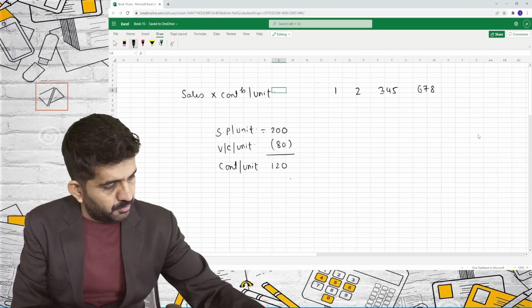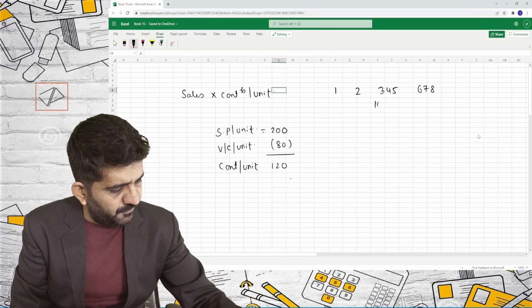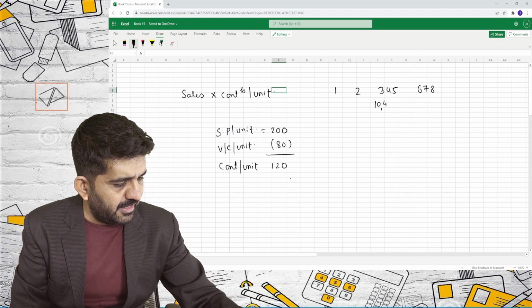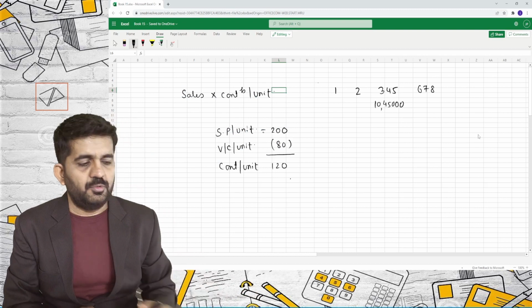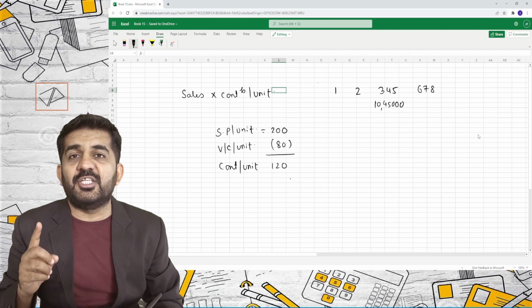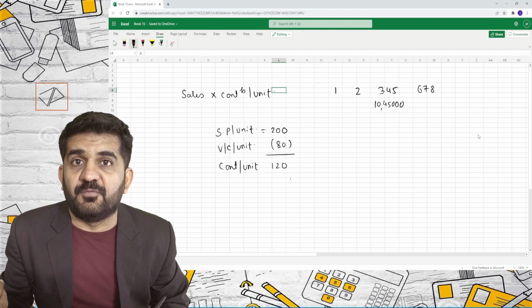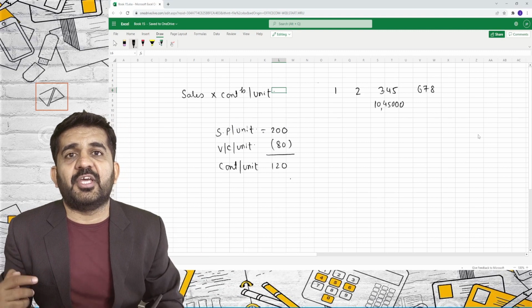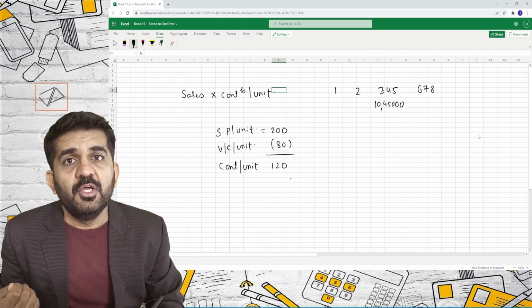So for third, fourth and fifth year, the figure will come to 10 lakh 45,000. Now you need to understand this is not a total figure of third, fourth and fifth year. Every year there is a cash flow of that amount.